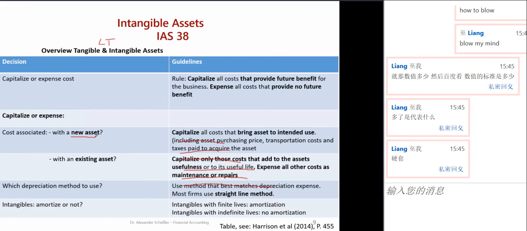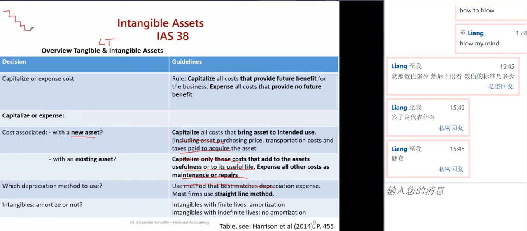Which depreciation methods to use? We have talked about several depreciation methods. The most popular one is the straight line method.